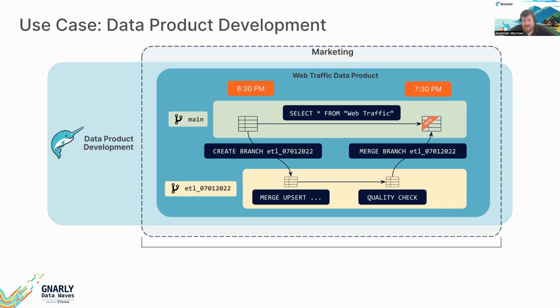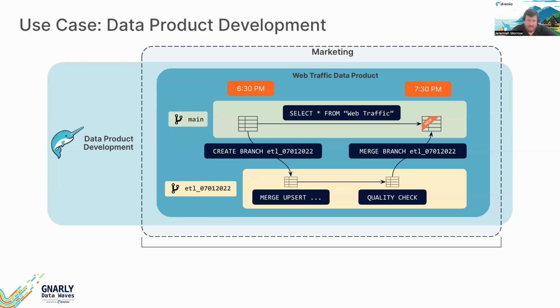And so, why, as a domain owner, would I ship a data product without the same level of version control and ease of delivery and consistency? So in this graphic, we have a sample domain level catalog. We have a marketing data product that shows web traffic.